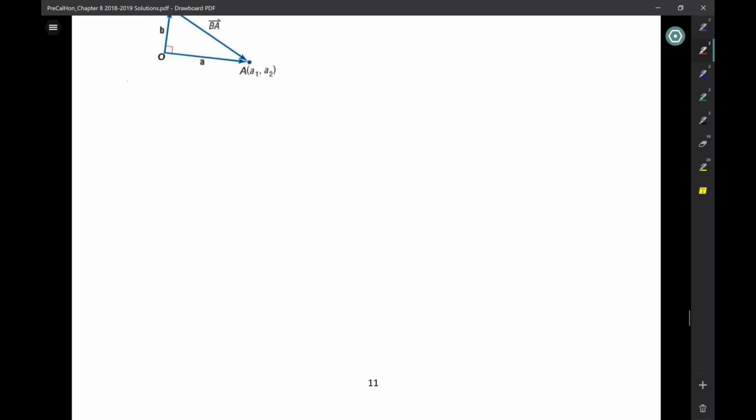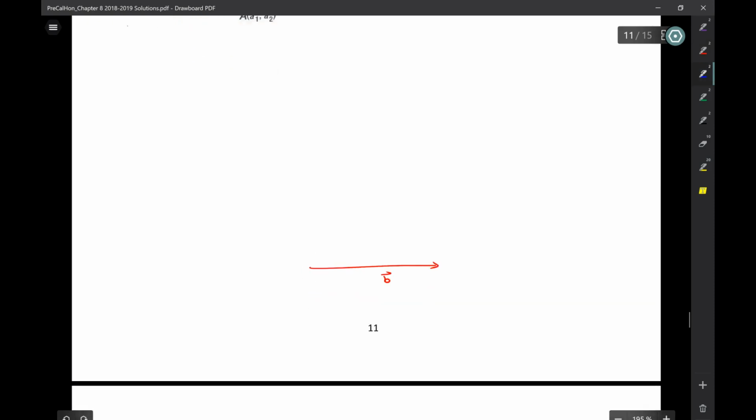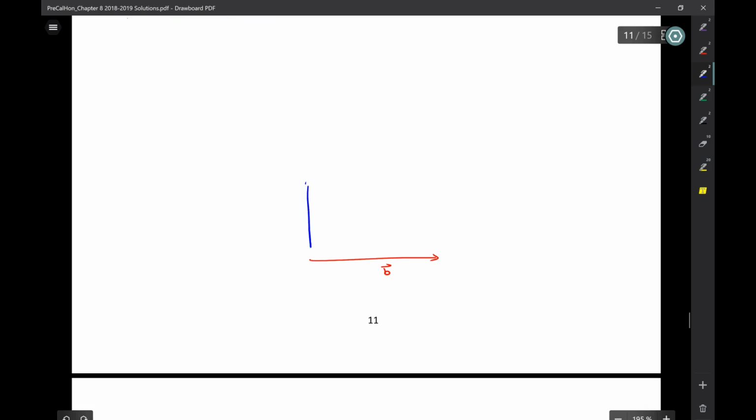But now, let's think about this for a minute. Suppose this is vector B, and suppose this is vector A, and they're perpendicular. If I were to shine a light here, how much shadow would A cast onto B? 0.